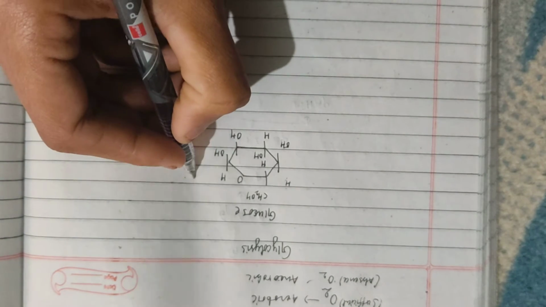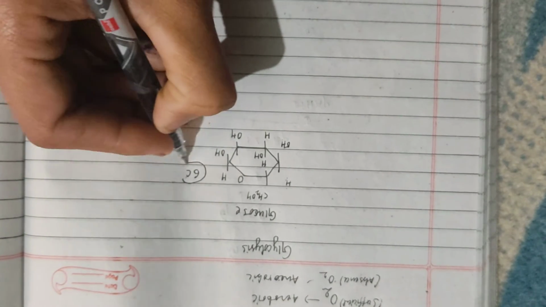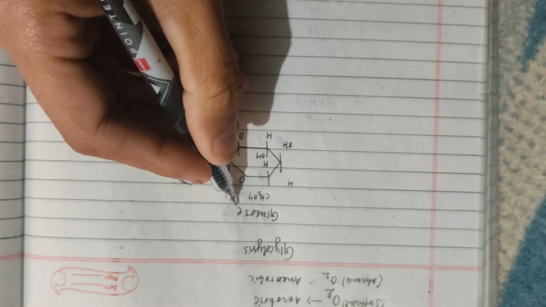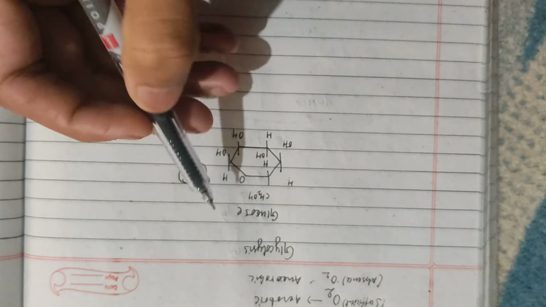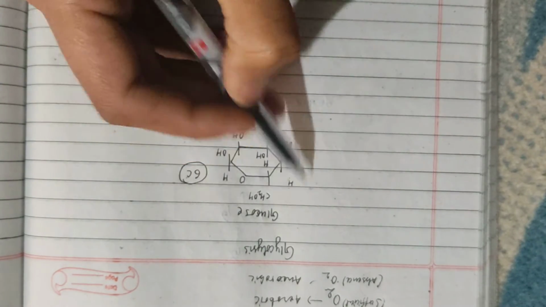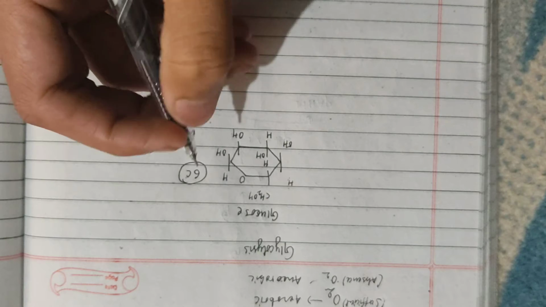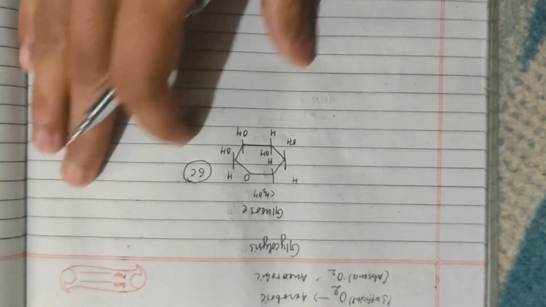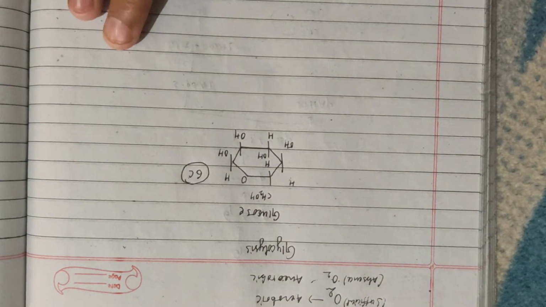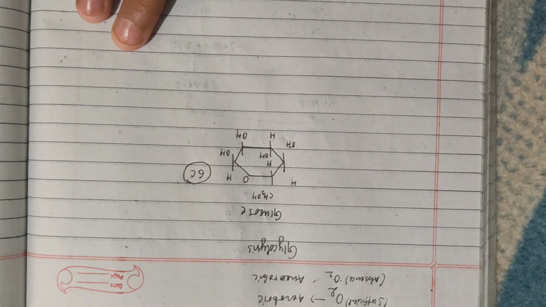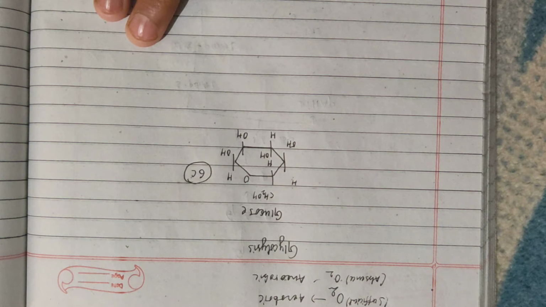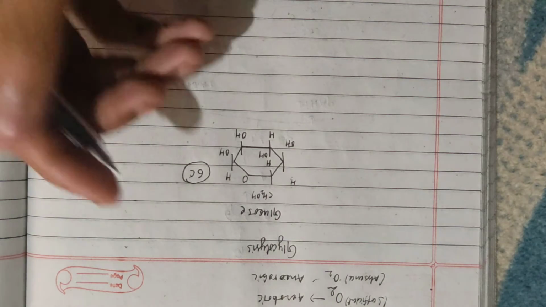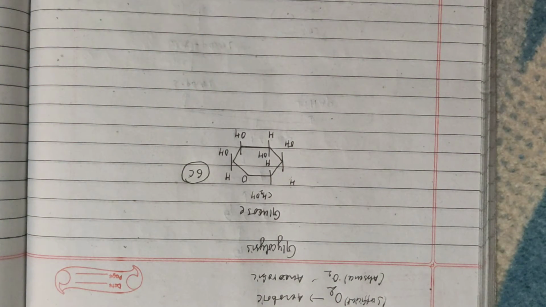There are 6 carbons. Glucose is a 6 carbon compound, and this glucose which we have got from photosynthesis of the plant is utilized in respiration. In respiration we generally think of oxidation, but in glycolysis there is only partial oxidation, because in glycolysis glucose is converted into pyruvic acid.